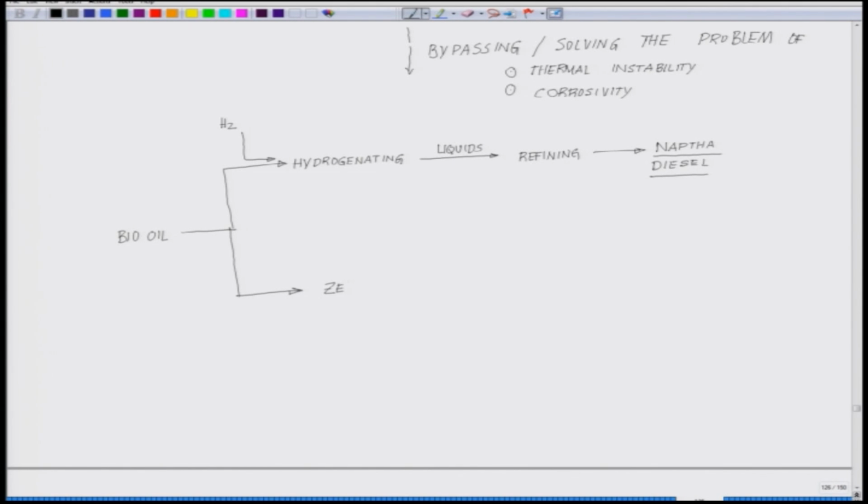The other route which is being followed is zeolite treatment. We will come soon to this topic. What does that mean? Zeolite treatment, and following zeolite treatment you do a refining, or you can do a further conversion to make olefinic gases, okay.